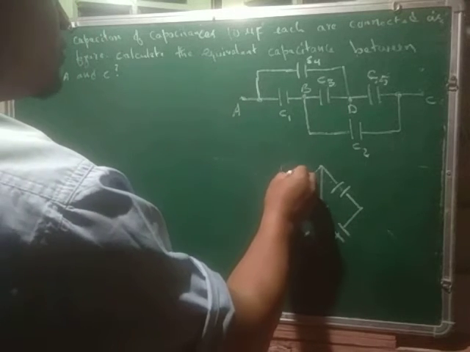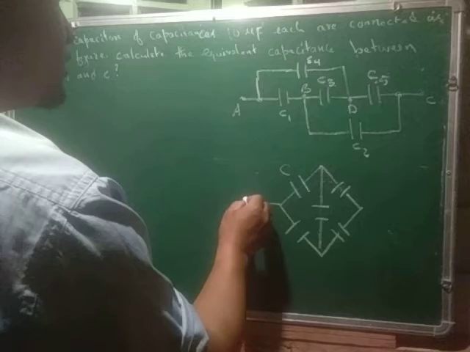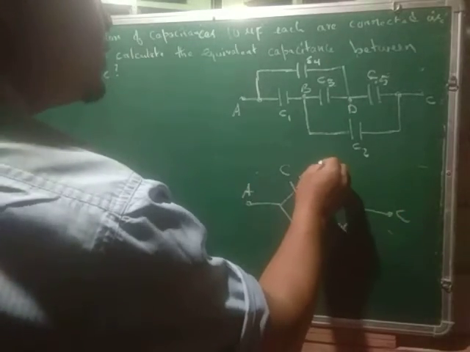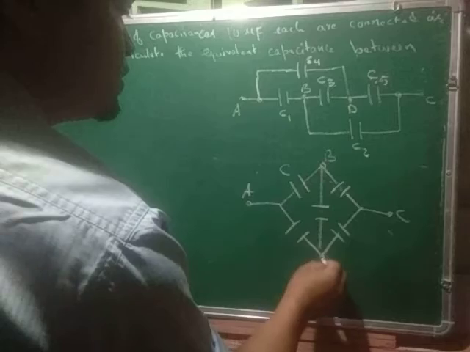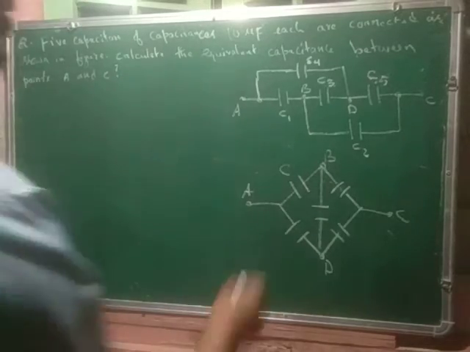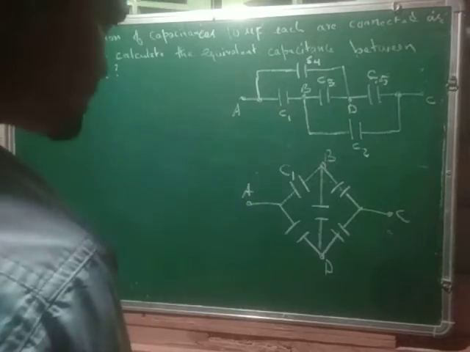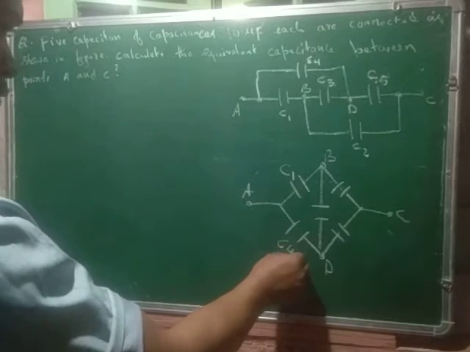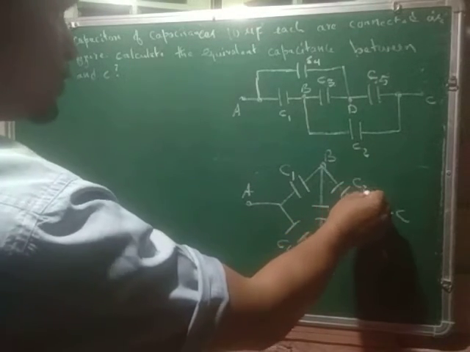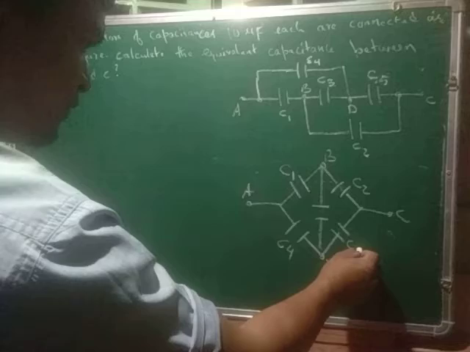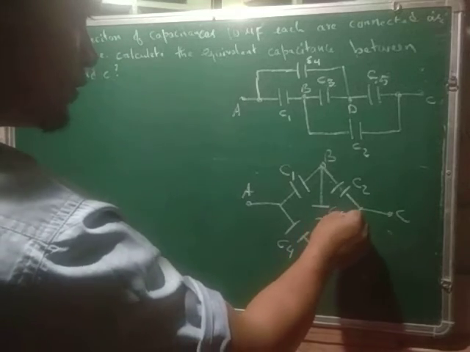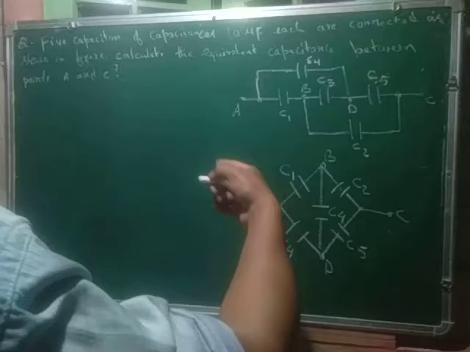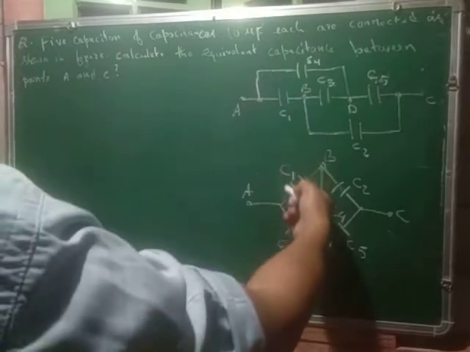This is your C1, this is point A, this is point C, this is point B, this is point D. So this is your C1, this is your C4, this is C2, this is C5 and this is C4. Now how am I able to redraw this circuit in this way?